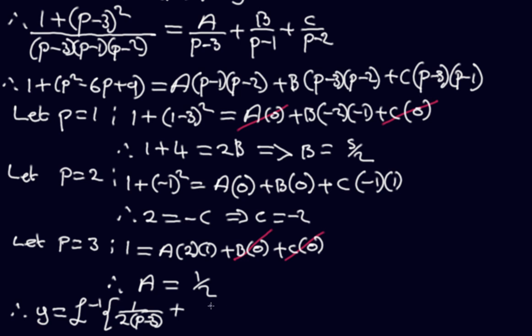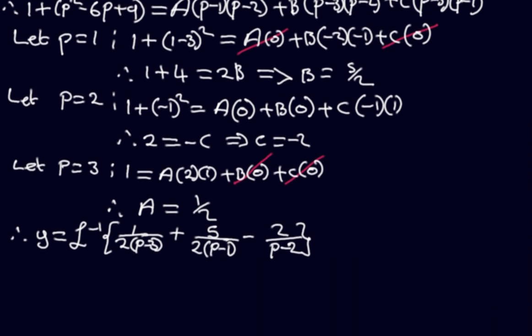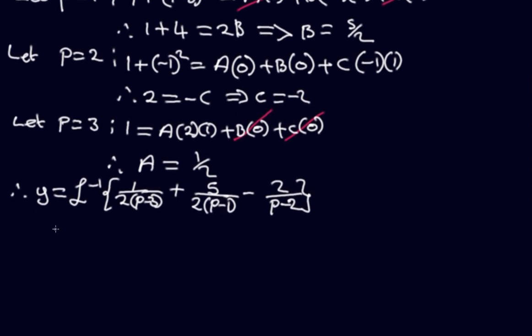B is positive also, 5 over 2 p minus 1. C is negative, therefore it's a minus 2 over p minus 2, which easily takes us to the conclusion.